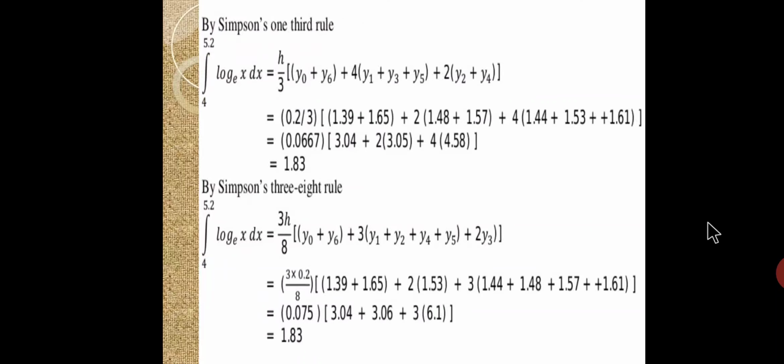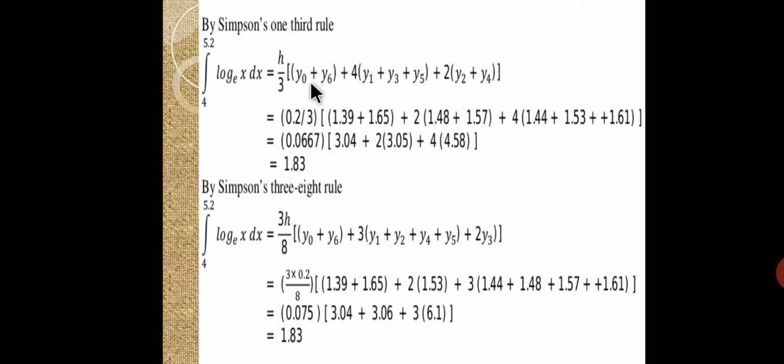Now we find Simpson's 1/3 rule. What is the formula? The integral from 4 to 5.2 of log x dx is equal to h by 3 times y0 plus y6 plus 4 into the sum of odd ordinates plus 2 into the sum of even ordinates. So y0 plus y6, 4 into the odd ordinates y1 plus y3 plus y5, and the even ordinates are y2 plus y4.